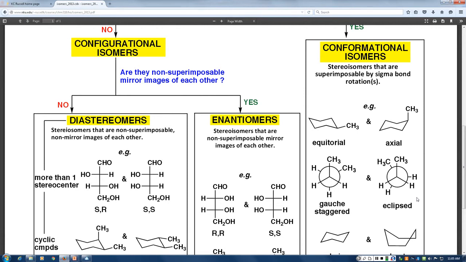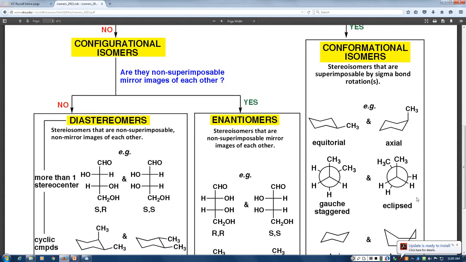So conformational isomers are just rotation around sigma bonds. For example, if you look at equatorial and axial, how do you get between those things? Well, we say a chair flip, right? Ring flip gets between axial and equatorial. But what is really happening that's causing it to flip? It's the rotation of what? Sigma bonds.